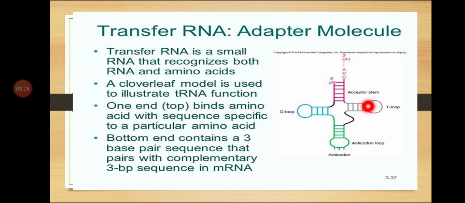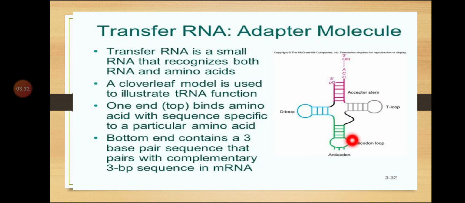One end at the top, you can see here, binds the amino acid with the sequence specific to a particular amino acid. And the bottom end contains a 3 base sequence that pairs with the complementary 3 base sequence in mRNA.